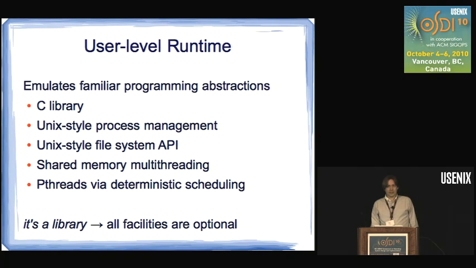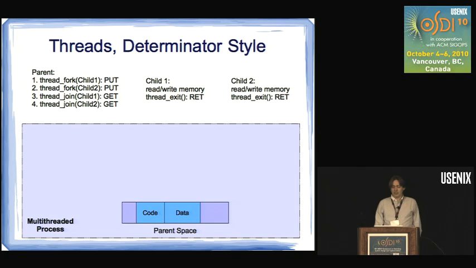It provides shared memory multithreading both in this naturally deterministic model that I've presented, and also, for better backward compatibility, it supports the pthreads API via deterministic scheduling in much the same way as you just saw in DOS. So all of these facilities are in a library, so they're optional and customizable by the application.